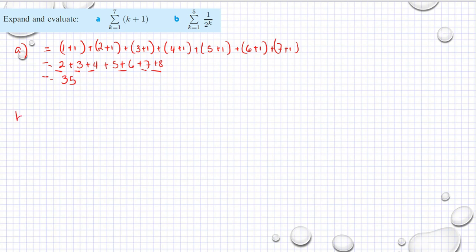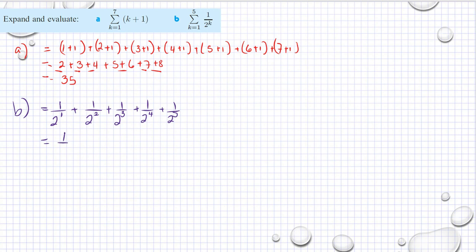About B, I am going to use another color so that you will not get confused. For B, we have 1 divided by 2 raised to 1 plus 1 divided by 2 raised to 2 plus 1 divided by 2 raised to 3 plus 1 divided by 2 raised to 4 plus 1 divided by 2 raised to 5.